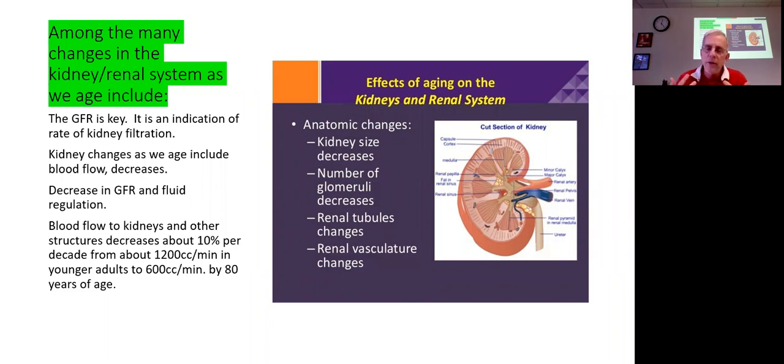Some of you may have seen this on test results, but it is a key finding, and it is an indication of your kidney's ability to filter products. So a key number is to have it greater than 60, preferably between 60 and 100.